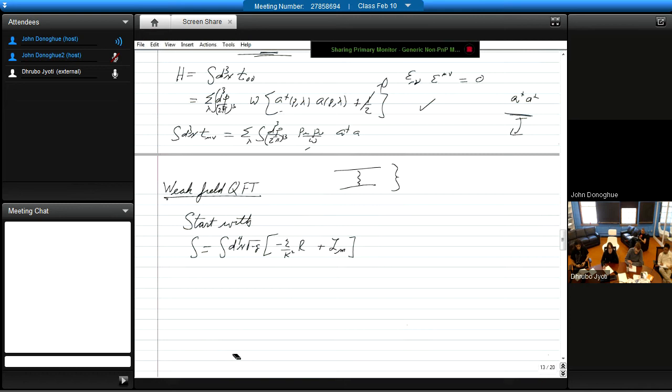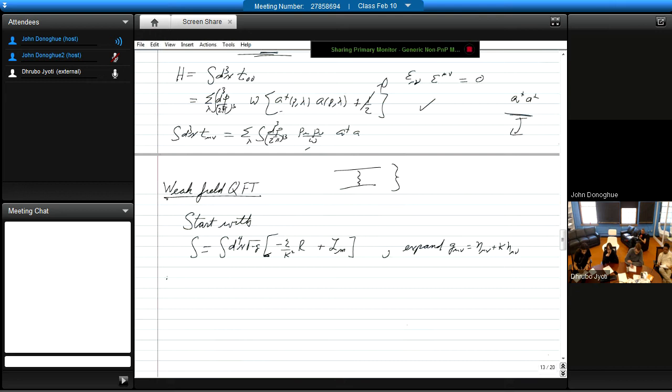We'll do the expansion as before: g mu nu lower is eta mu nu plus kappa h mu nu. And now we're going to keep terms to second order, and I'm not keeping third, but I'll give you the results for doing that.